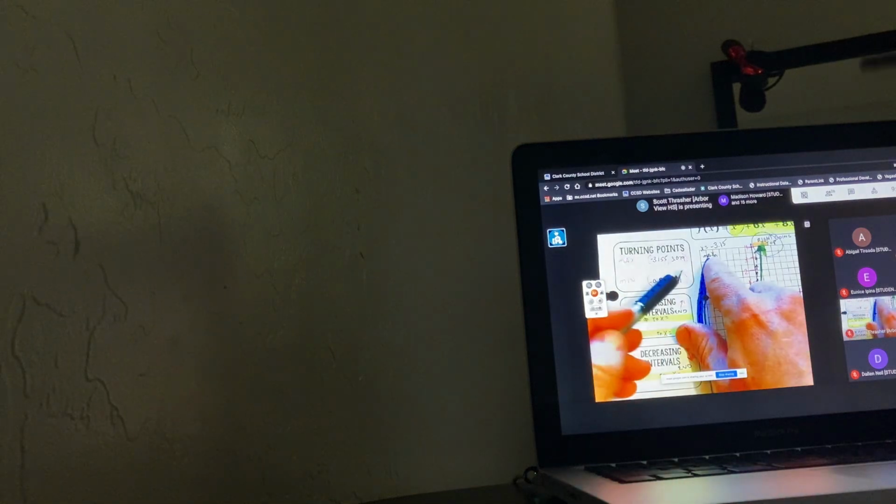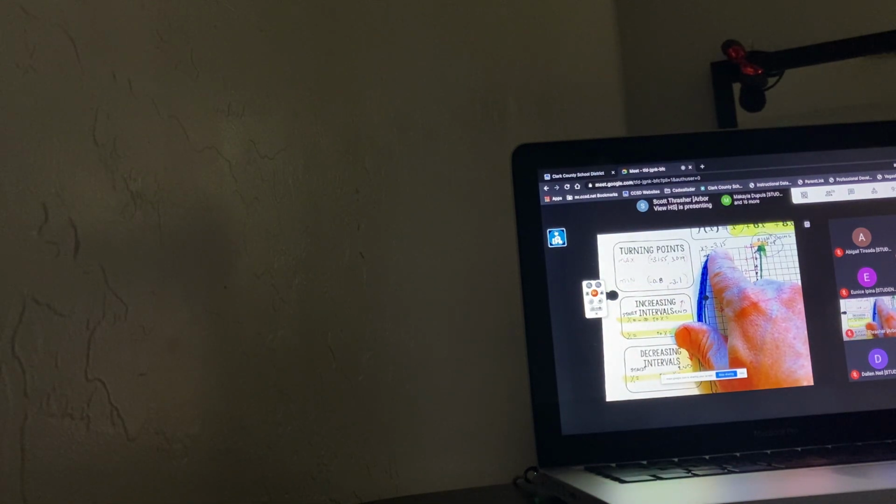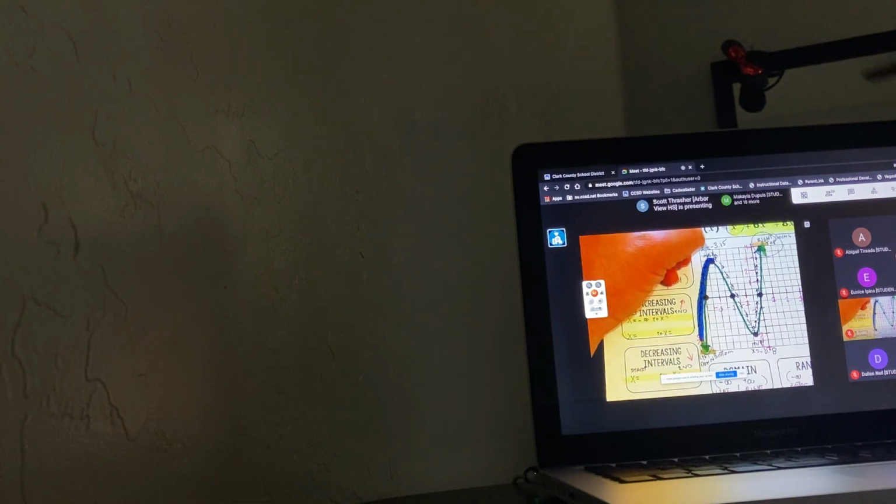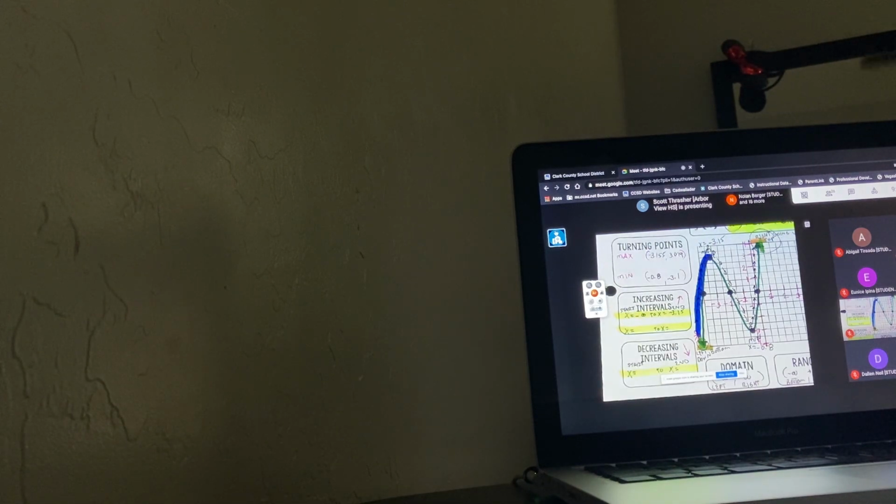Where is that max value at? Oh, we already know because we marked it. It's at negative 3.15. So he ends at the top of the hill at negative 3.15. And after that, he's going downhill. So everything after that, which I'll highlight in pink, is going downhill.